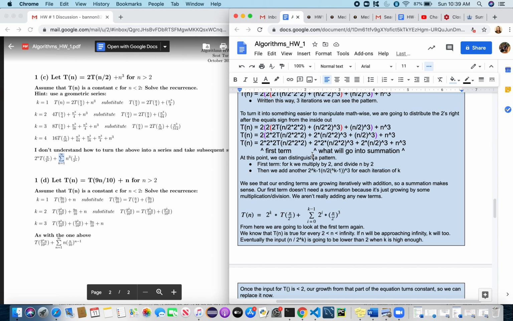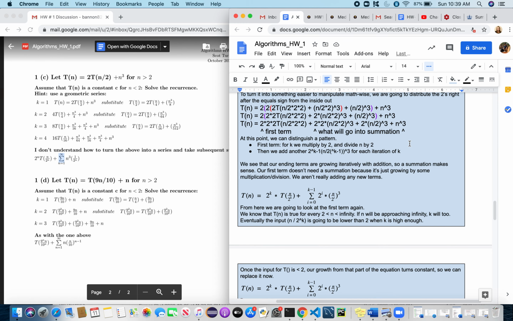So if we were going to go another one in, you could see there would be 3 2's here, and then 3 2's here. So we see what's going on. This we don't need to represent with a summation, but this is going to be pretty difficult to represent without a summation, as we're adding on a new term with each cycle.